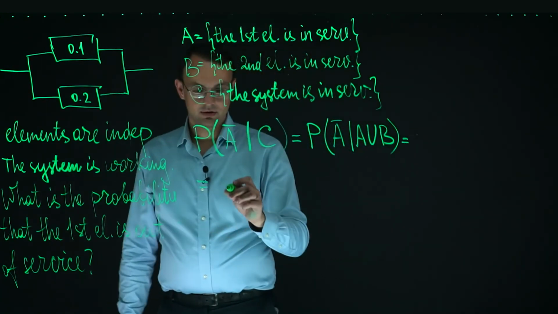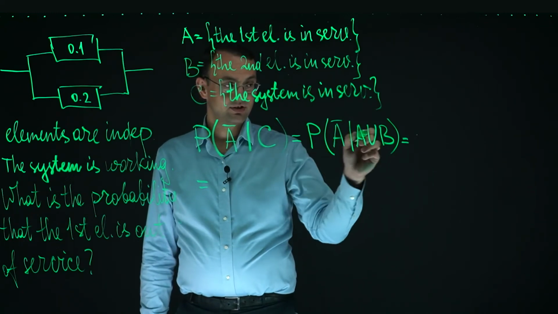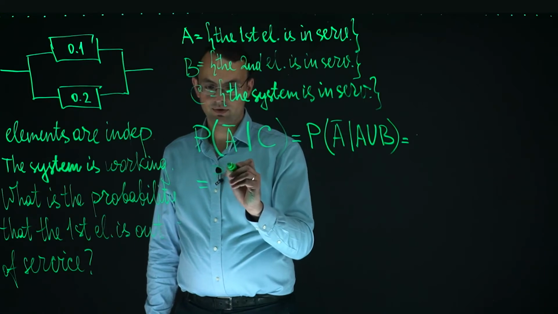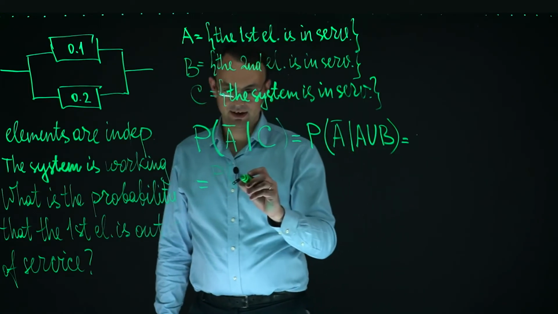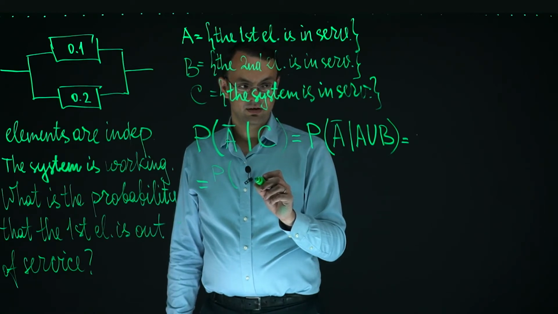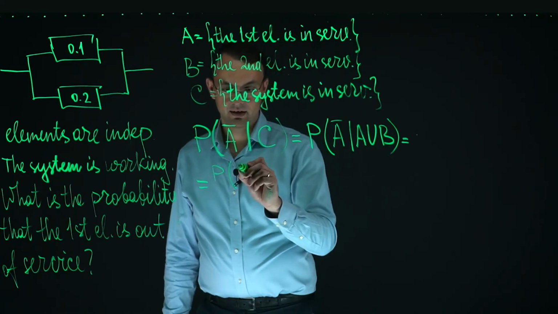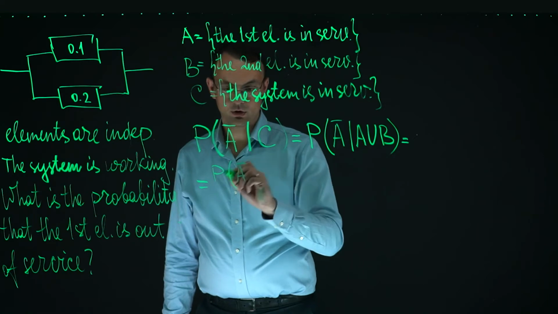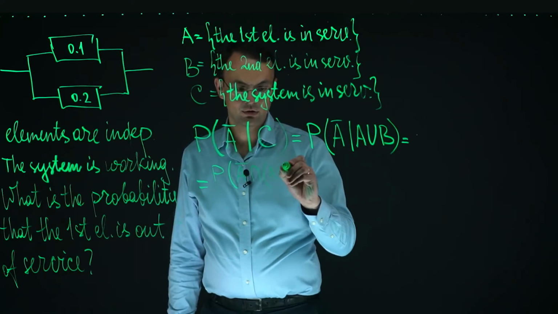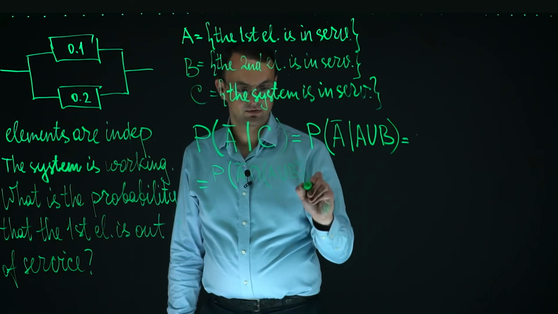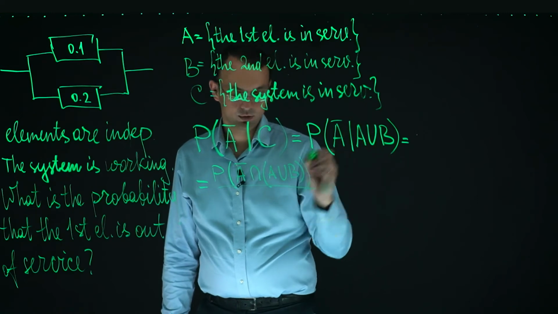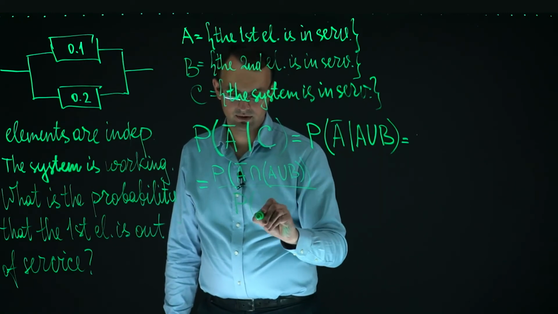According to the conditional probability formula, this is probability of intersection of these two events, namely not A and A union B, divided by the probability of the second one, of the A union B.